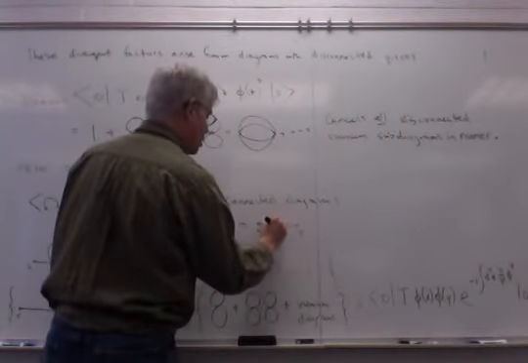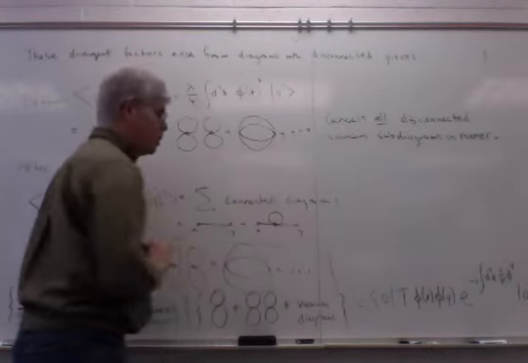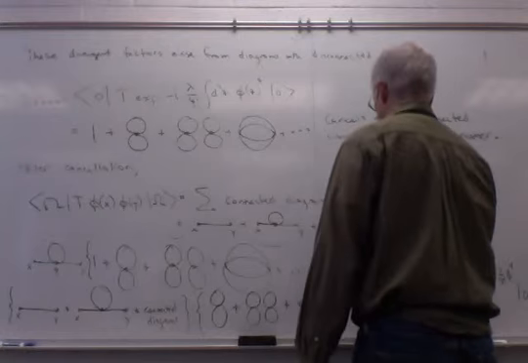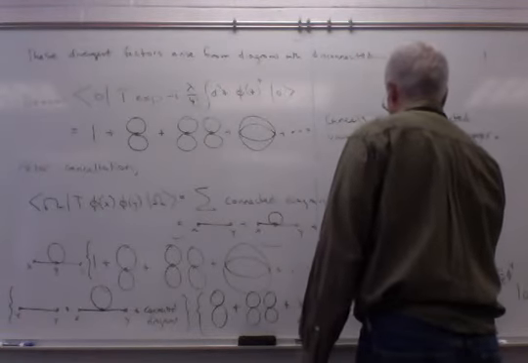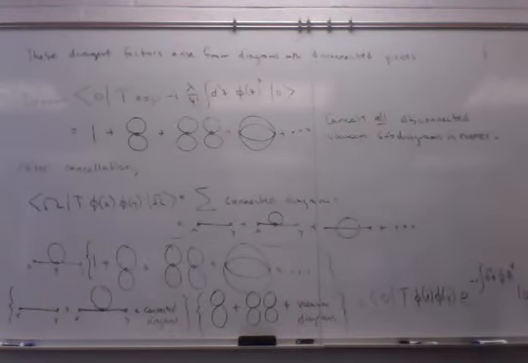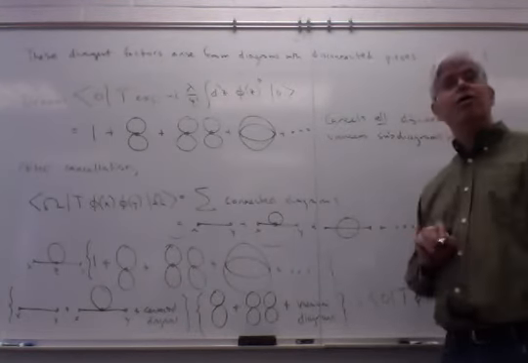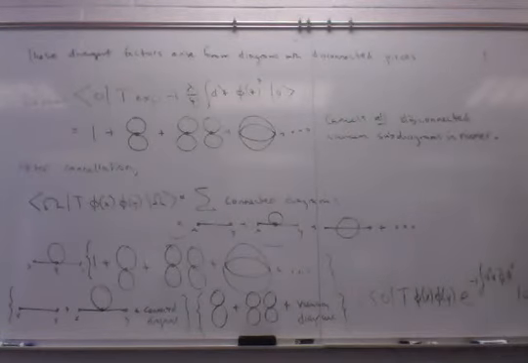It has a loop in the middle, like this one, and so forth. So that drastically reduces the number of diagrams we have to calculate. It drastically reduces the number of infinities we have to deal with. We're still going to have infinities here and there, but they will be infinities that we can manage.